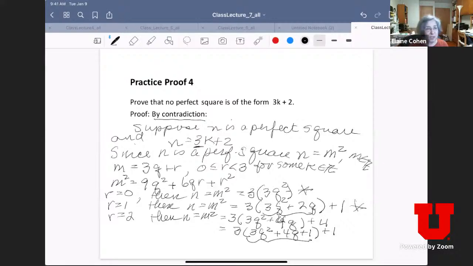And that's a contradiction. So we have shown n cannot be a perfect square.